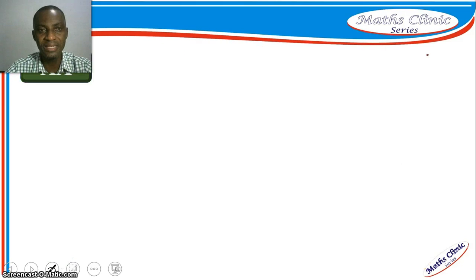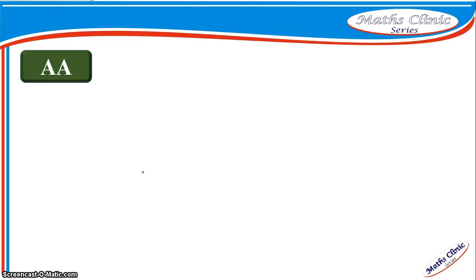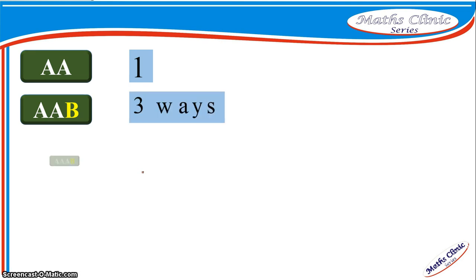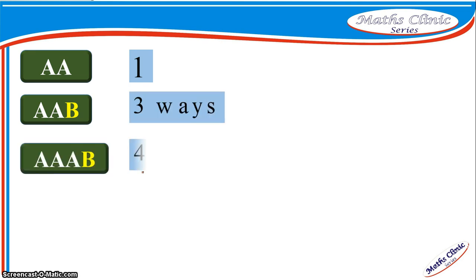So let's see the pattern that we are following. When we have AA, that is two letters and the two of them are repeating, it was one way. Three letters, two are repeating, we have three ways. Four letters, three are repeating, we have four ways.